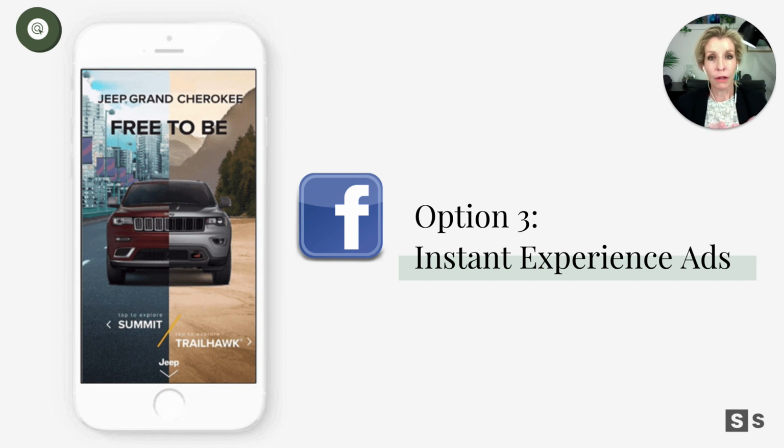But what it does is it opens in this full screen instant experience, so that someone is basically almost scrolling like a landing page of your offer, of your product or service. And again, they don't have to leave and go to your website. They're doing this within the ad. They're engaging with the ad for longer. They're swiping up and seeing more. And then there's really powerful call to action buttons on that instant experience ad that are giving them more reasons and more enticement to come on in.